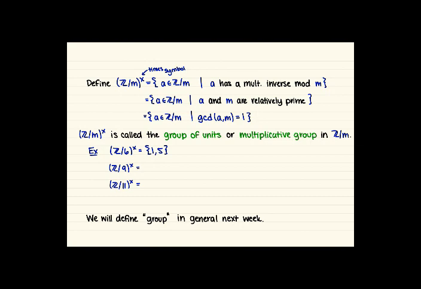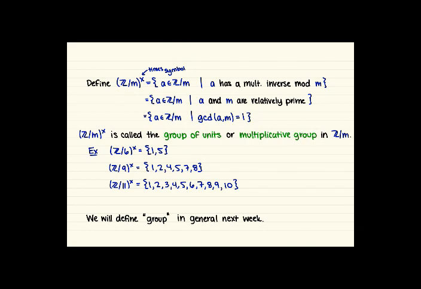Then looking at the group of units in Z mod 9, we're looking for things relatively prime to 9. So that would be 1, 2, 4, 5, 7, 8. And in Z mod 11, we're looking for things relatively prime to 11. So 1, 2, 3, 4, 5, 6, 7, 8, 9, and 10 all have multiplicative inverses mod 11.